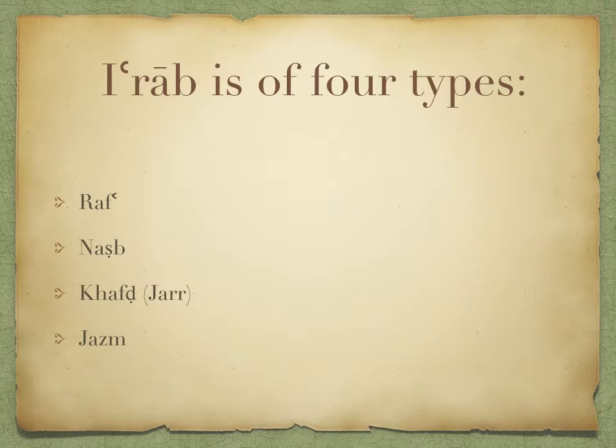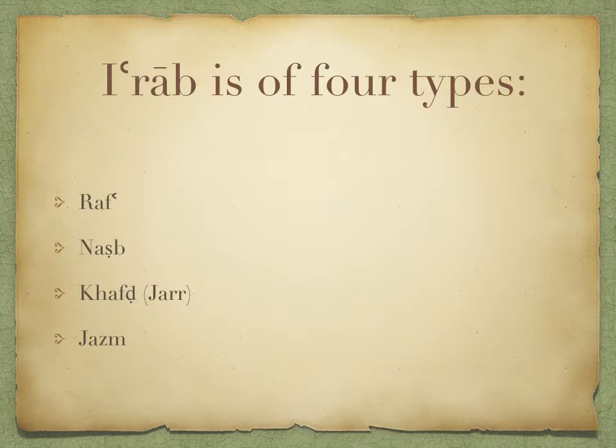So what we find here is that the first two, rafa' and nasb, are both states that apply to nouns, asma, and to verbs, af'al. But the other two are not the same. Khafd or jar is specific to nouns. Only an ism is majroor.